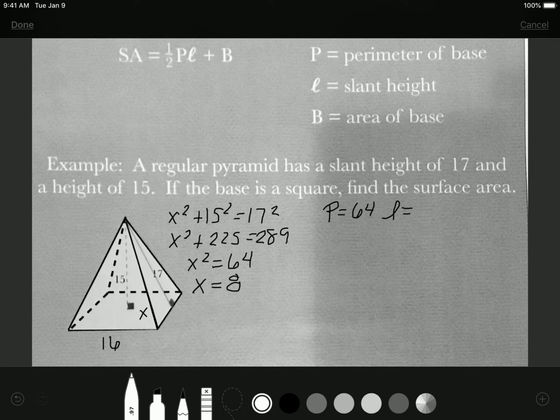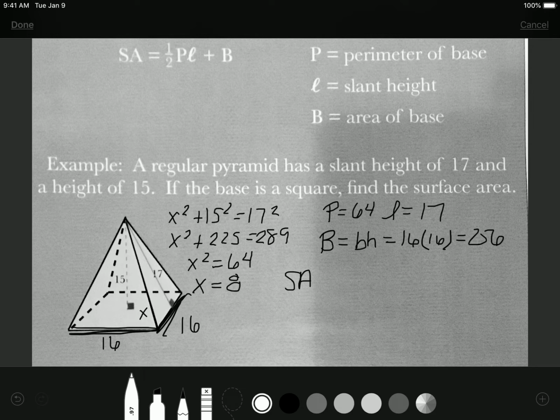Our slant height is the 17, and then our base area, we're just going to take base times height, but that is base of the square times height of the square, so it's just 16 times 16, okay? So for this one, I'll put that here, 16 times 16 is 256.